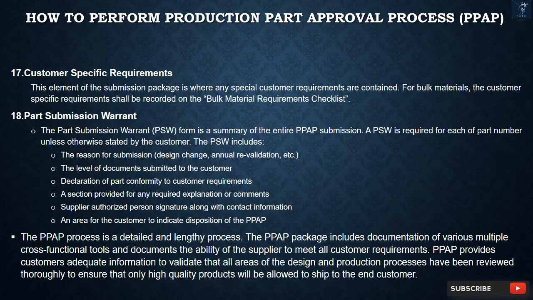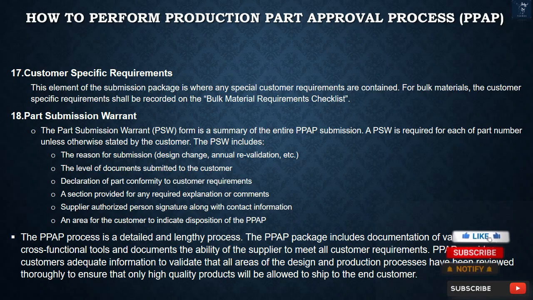Declaration of part conformity to customer requirements. A section provided for any required explanation or comments. Supplier authorized person's signature along with contact information. An area for the customer to indicate disposition of the PPAP.